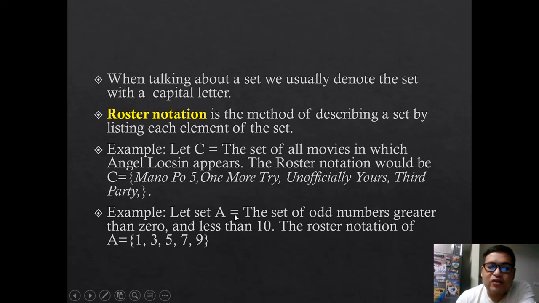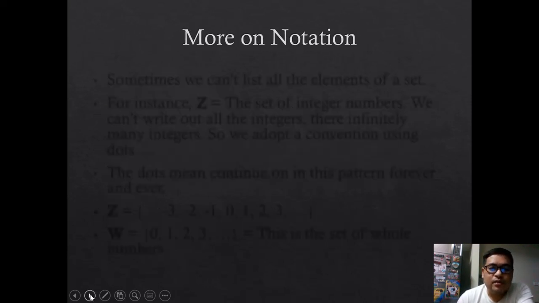Because according to the description, the set of odd numbers must be less than 10 but greater than 0. 1 is greater than 0, 9 is less than 10. So this is now the answer. So this talks about notation. So we have the listing method, the set builder notation, then the roster notation.